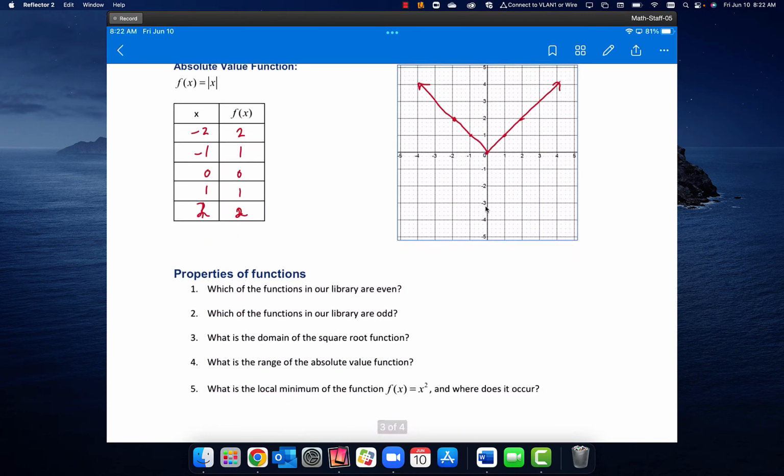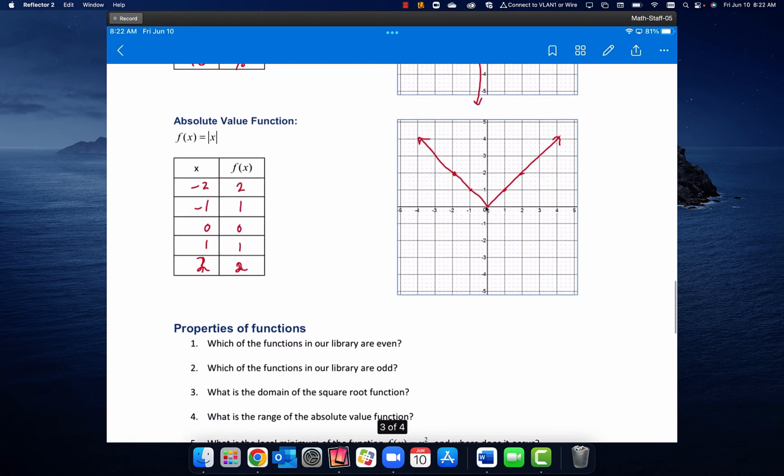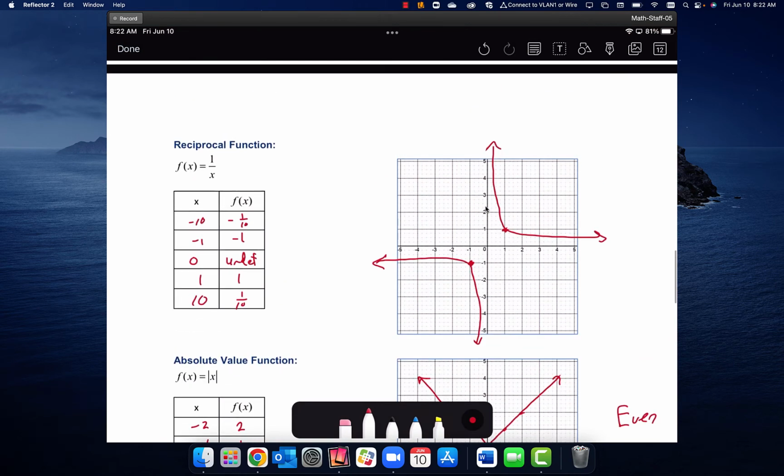Which functions are even? So let's go through and determine which of these are even. We know this one's even because it is symmetric about the y-axis. This one is odd because it's symmetric about the origin.